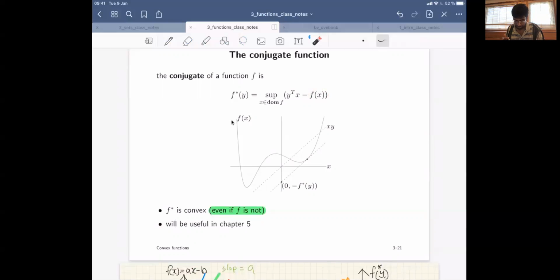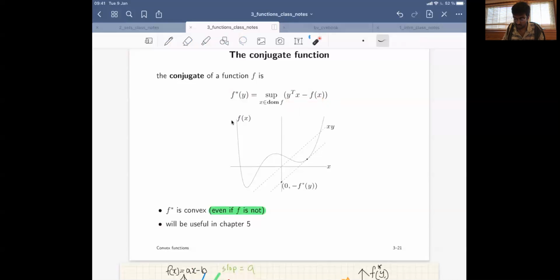Why? Because what we are checking now is whether this function is convex in variable y, not x, right? Because this is a function in y. So in that case, this is just an affine function in y, right? y transpose x minus f of x.